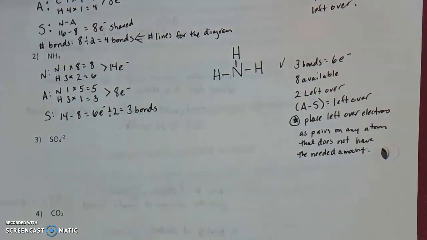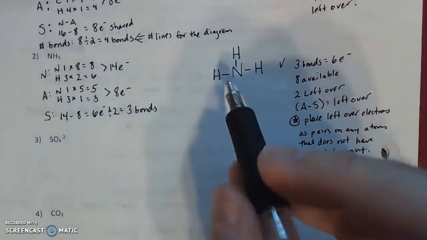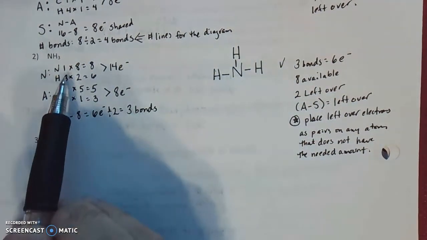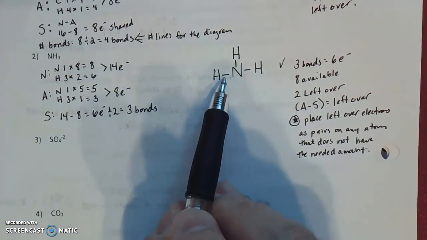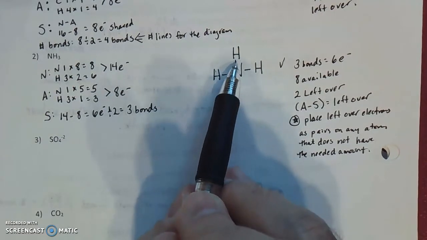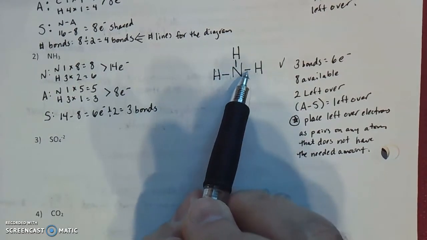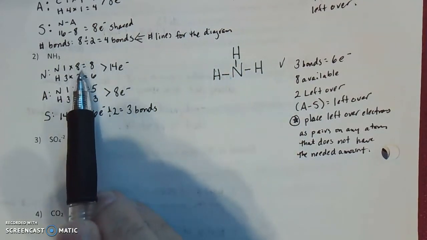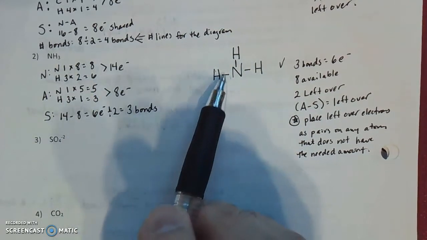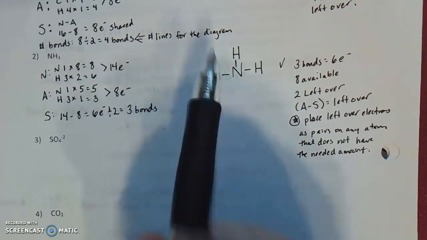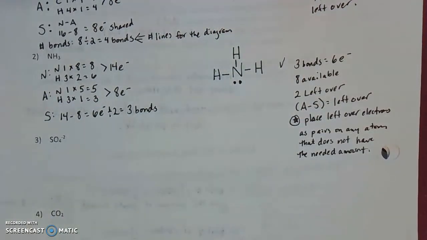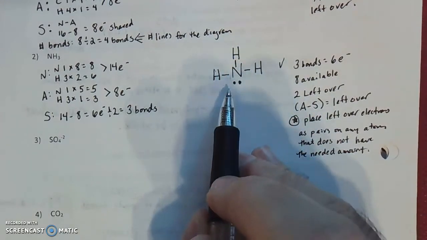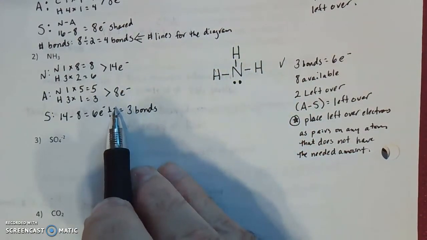So we have 2 electrons to put as a pair on something up here. So if we look at needed, each hydrogen needed 2. Well, this hydrogen has the 2 here. This hydrogen has the 2 from the bond, and this hydrogen has 2. Nitrogen needs 8. Well, it has 2, 4, 6. So it's missing 2. So we're going to put 2 dots on nitrogen. And now we're done. We have 8 electrons total. That's how many are available.